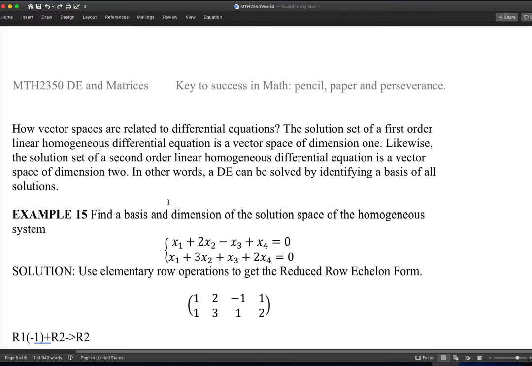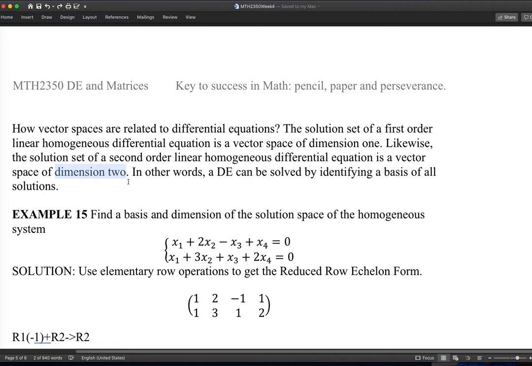Specifically, the solution set of a first order linear homogeneous differential equation is a vector space of dimension 1. Similarly for the second order, it's a vector space of dimension 2.